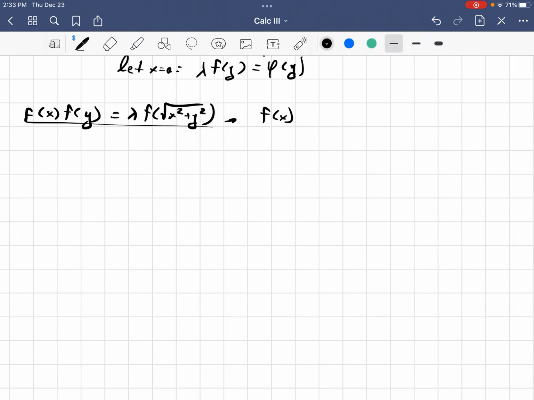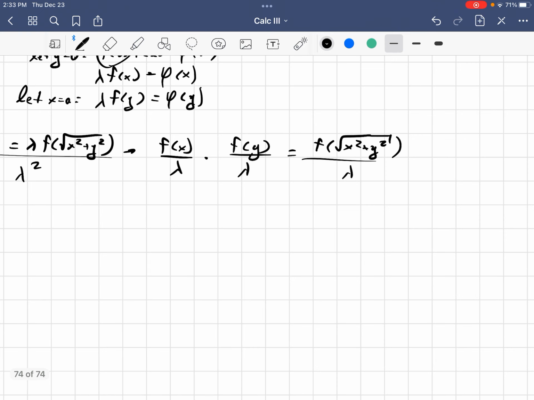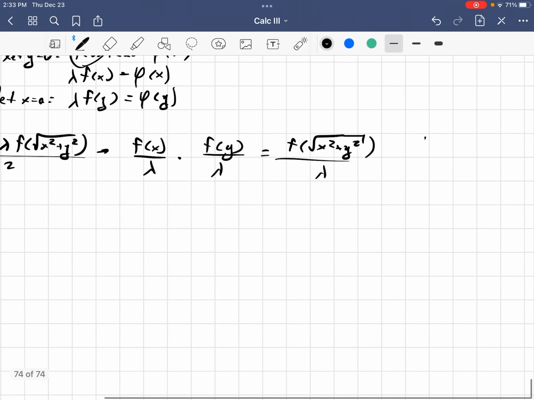Dividing all this through by lambda squared, I get f of x over lambda times f of y over lambda is equal to f of the square root of x squared plus y squared over lambda. And this hopefully makes it readily apparent what variable change I should use, right?